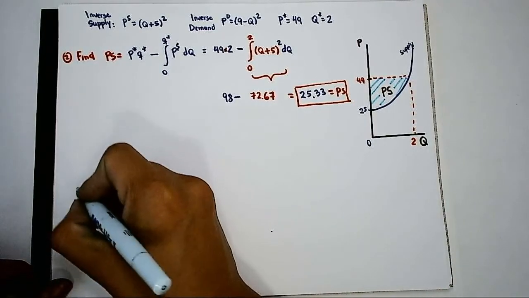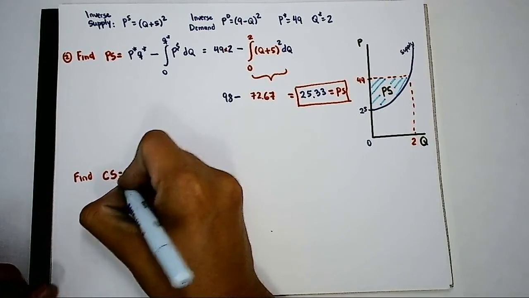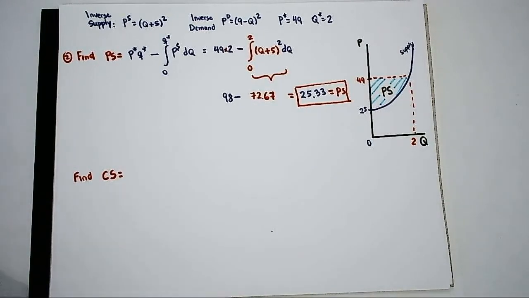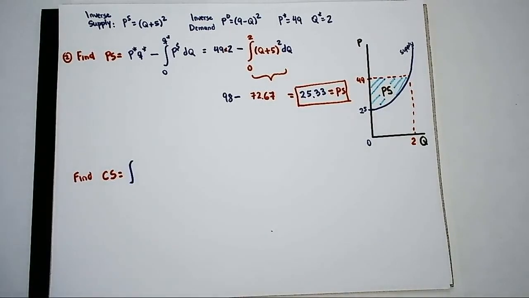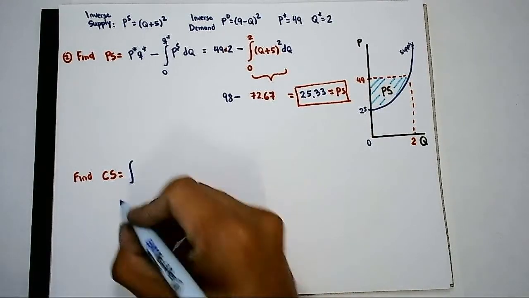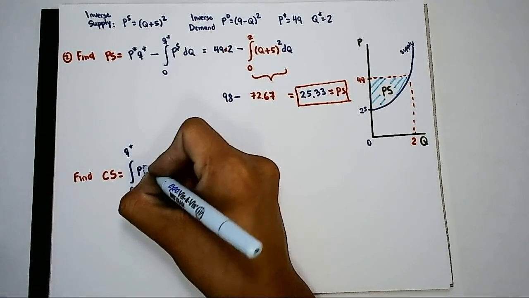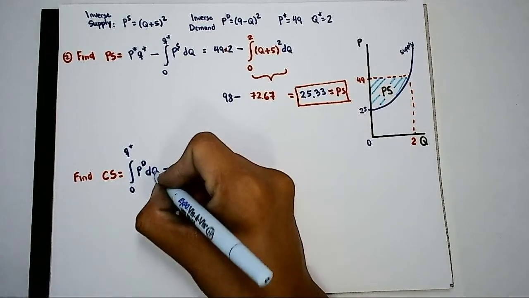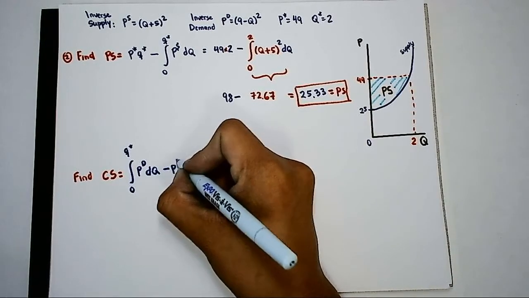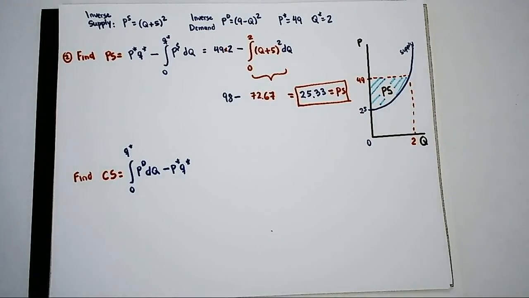Now let's find the consumer surplus. This is equal to the integration of the inverse demand minus the price and quantity at equilibrium.